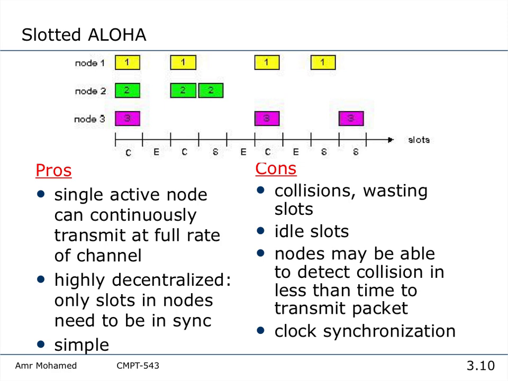There are certain conditions where a node, while it's transmitting, may in fact sense that there is transmission happening. So before ending the transmission, in some cases in wireless, it actually stops the transmission because it feels that there is something going on in the channel. So it doesn't even complete the transmission of the packet.